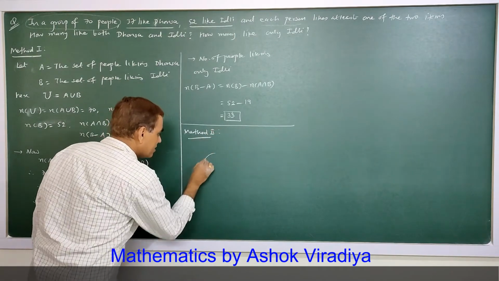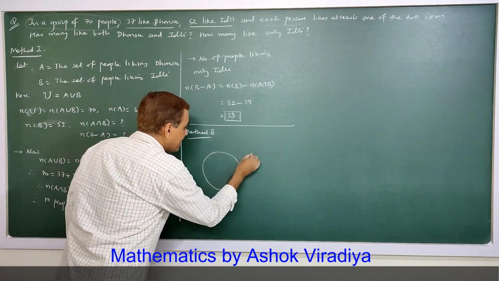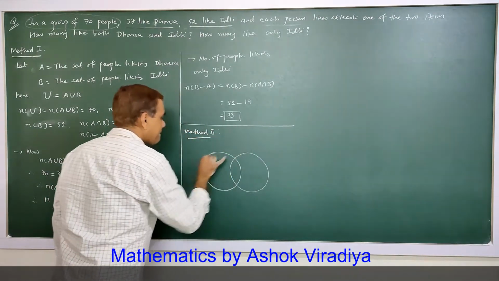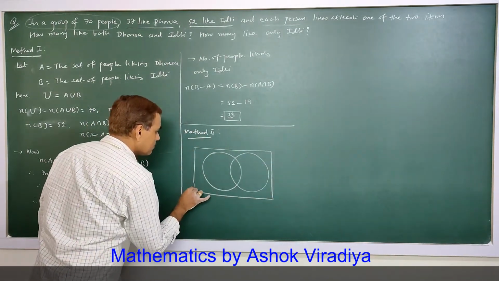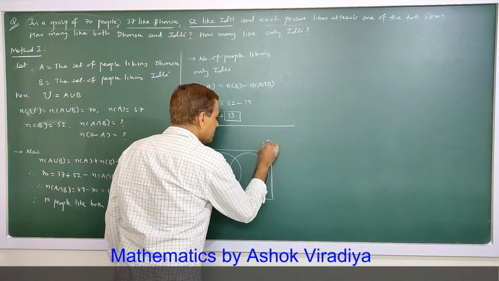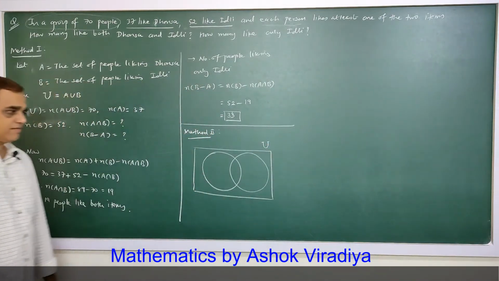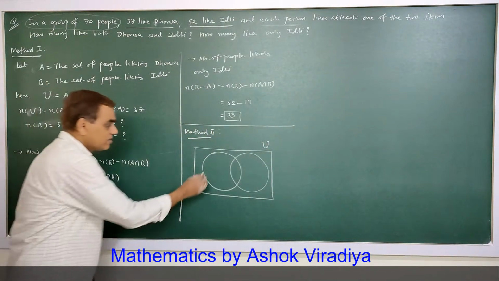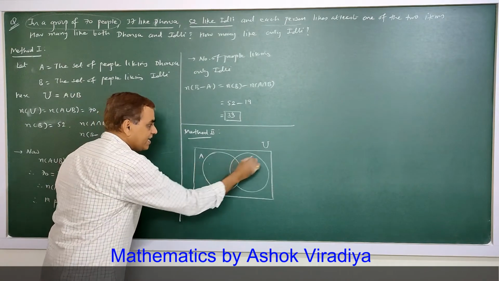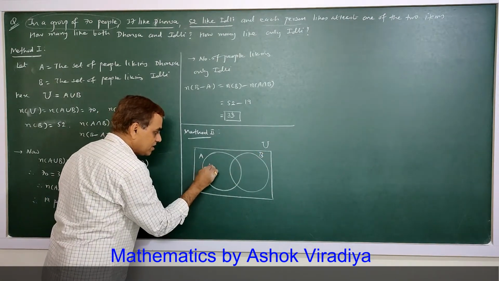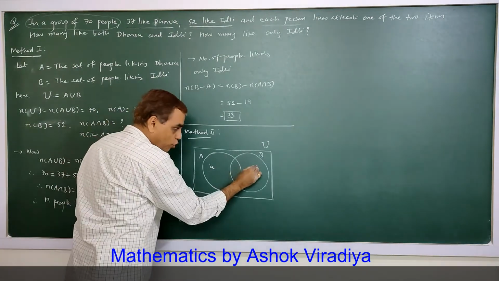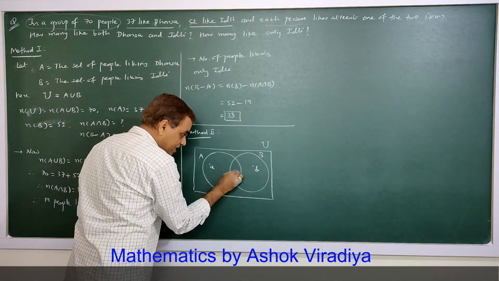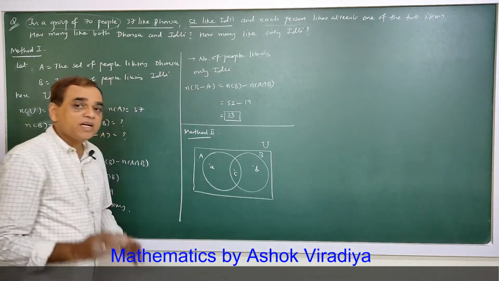In the second method we use a Venn diagram. This is the universal set. Suppose in set A, this is the number of elements in only A, only B, and the common part.